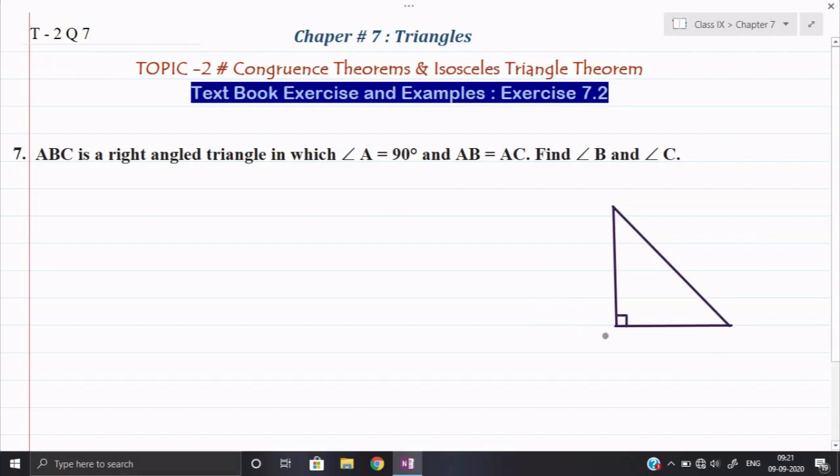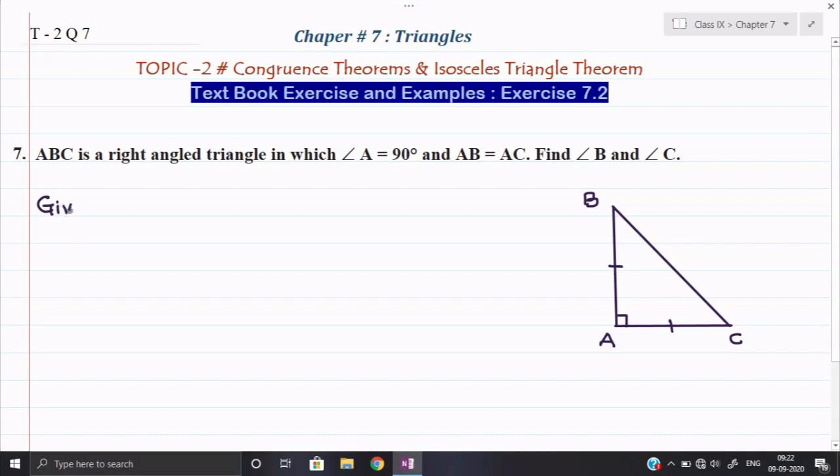Here this point is point A, because angle A is given as 90 degrees. For these 2 points you are free to take the top one as B or C, that doesn't matter. Now what they are saying: AB and AC are equal. So AB and AC are equal, that I have marked equal here. We need to find the value of angle B and angle C. Okay, so first we shall write down what is given in the question.